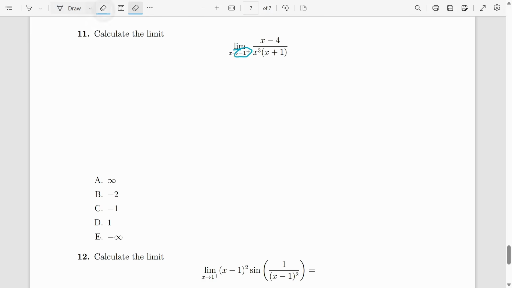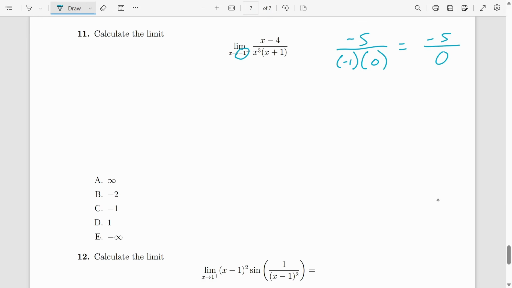What I like to do for a lot of these limits is just plug in the value and see what happens. Sometimes it'll work out. Sometimes you'll see you need to do L'Hopital's rule. Other times, like this one, you will get infinity. If we plug in -1, we get -5 on the top and -1 times 0 on the bottom.